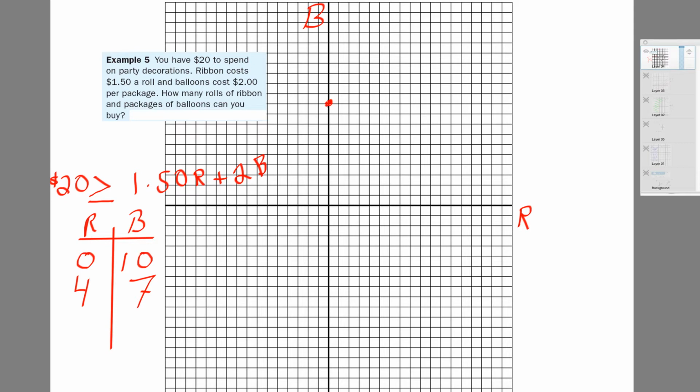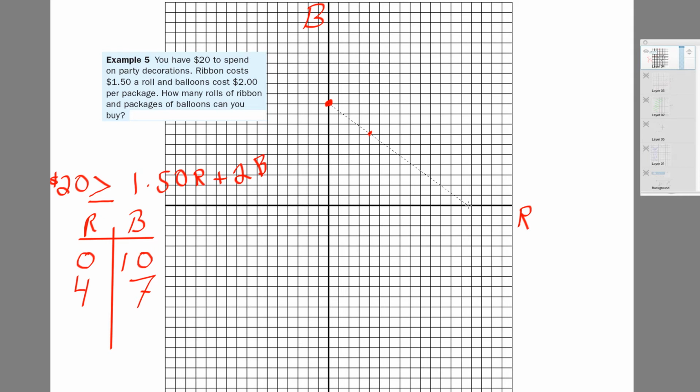And now out here at 4, 1, 2, 3, 4, and 1, 2, 3, 4, 5, 6, 7. And that'll give me enough to where I can draw a line. And connect it. So now I've got my line.